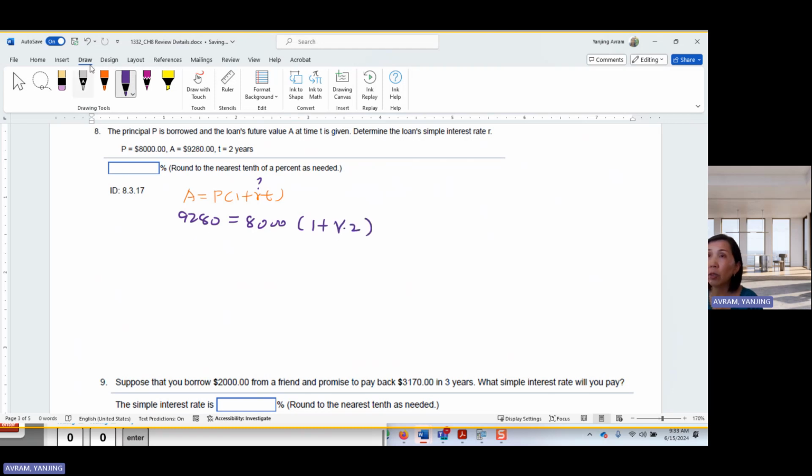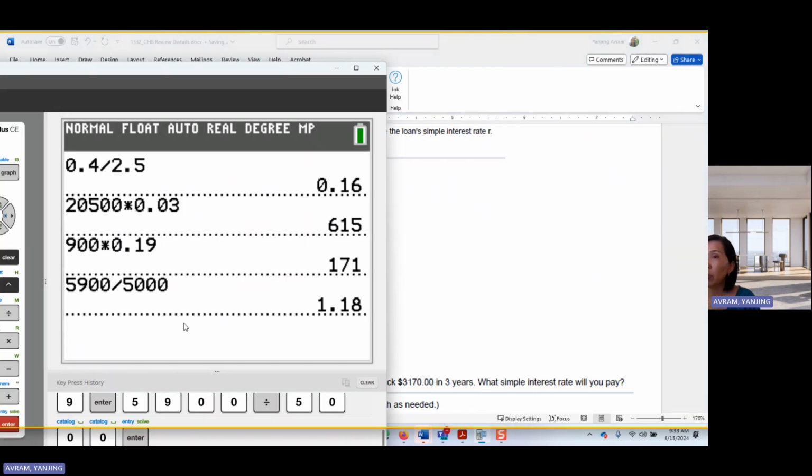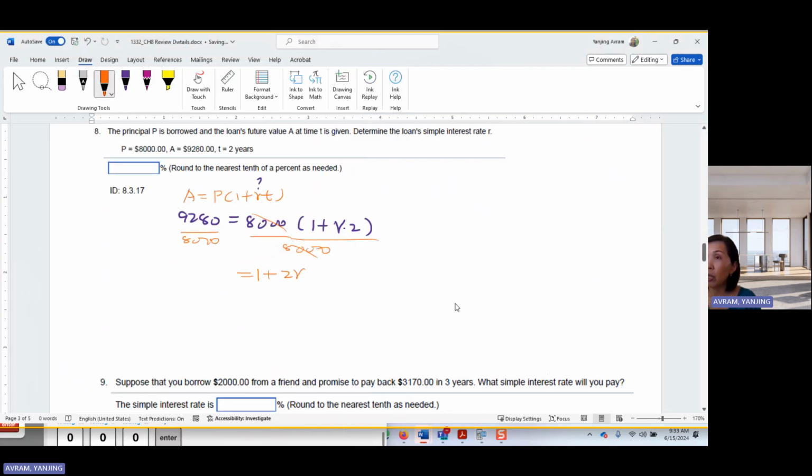Again, we're going to divide both sides by 8000 first. This divided by 8000, this cancels out, so we're going to have just 1 plus 2R on the right side. And then on the left side, using the calculator, we have 9280 divided by 8000, which gives you 1.16.